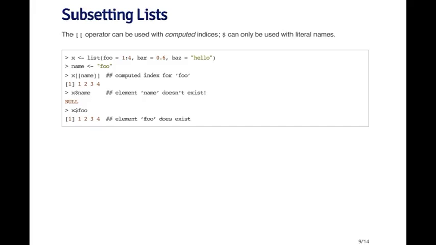So now when I pass this variable called name into the double bracket operator, it returns me the element that was associated with foo, because that's what the value of the name variable is. So if I compute the index that I want to use, then I have to use the double bracket operator. If I use the $, then it's going to literally look for an element of the list that has the word name associated with it, and that of course doesn't exist in this list. So to use the $, I need to use a literal symbol.